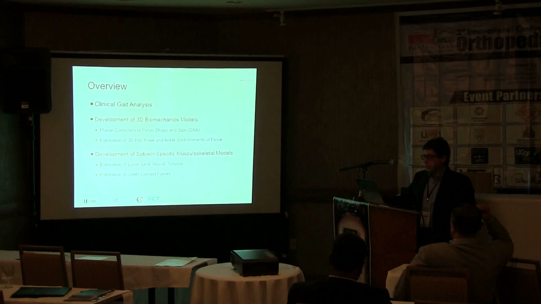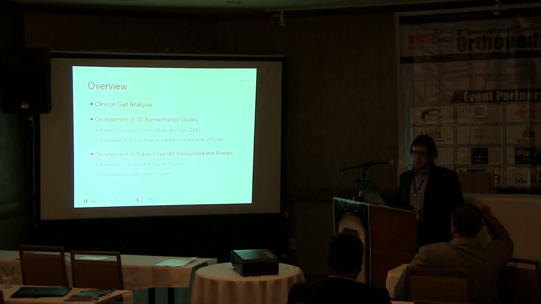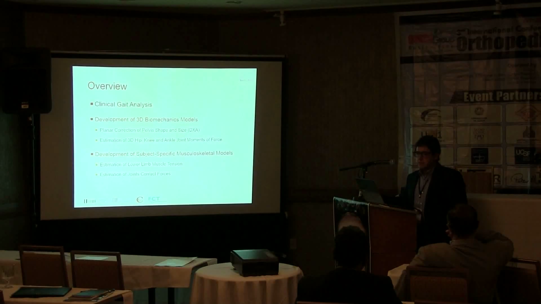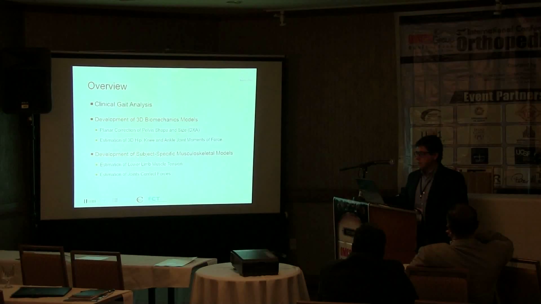When we develop musculoskeletal models, we are able to estimate muscle tension. We can even study muscle fiber tension and tendon tension, but in this case, we are not going to discuss these issues. Knowing the muscle forces, we can compute the bone-on-bone forces.